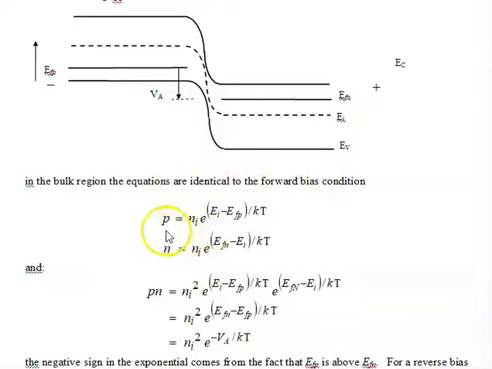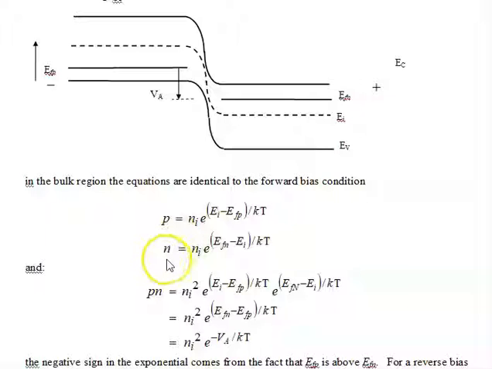They're exactly the same. The number of holes is given by n sub i, E sub i minus E sub F, because E sub i is above E sub F. So this is a positive number here. Let's say about 0.42 eV, 10 to the 17th.